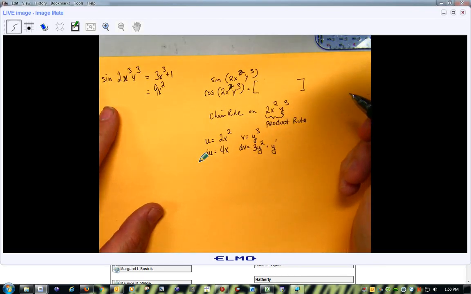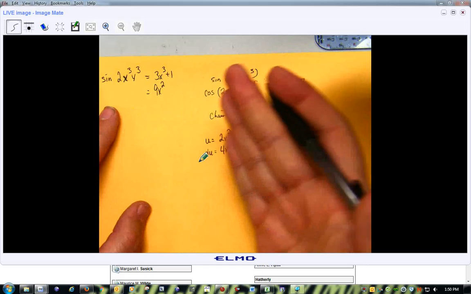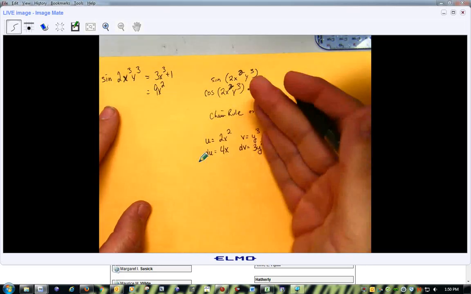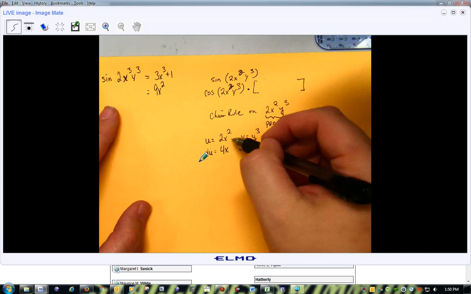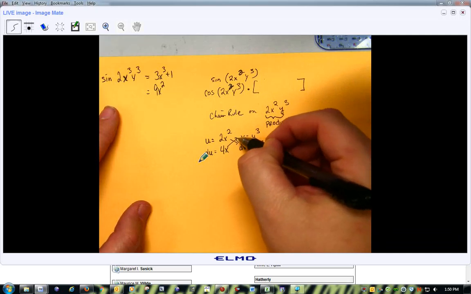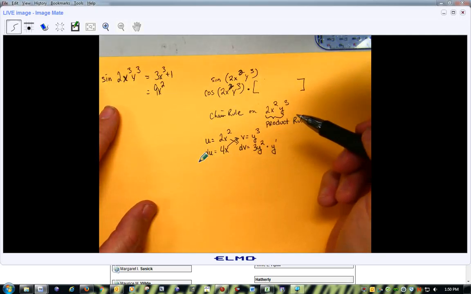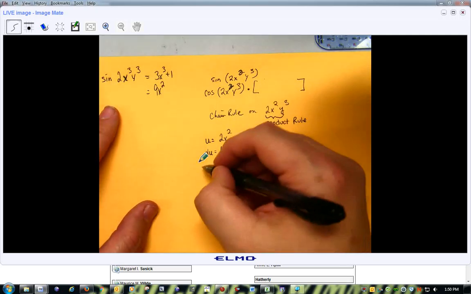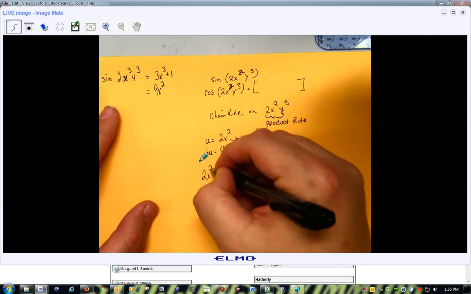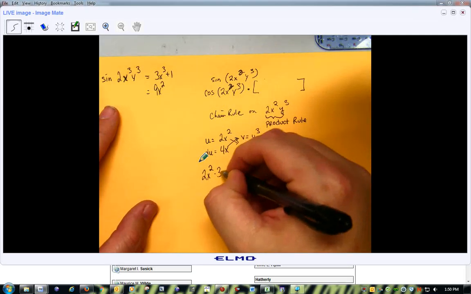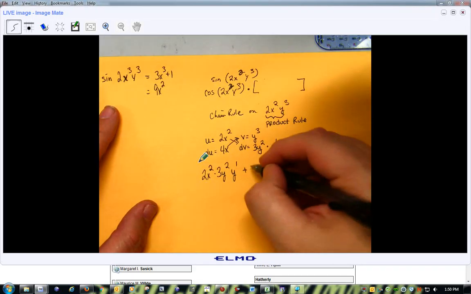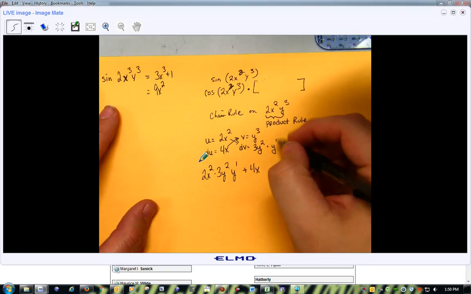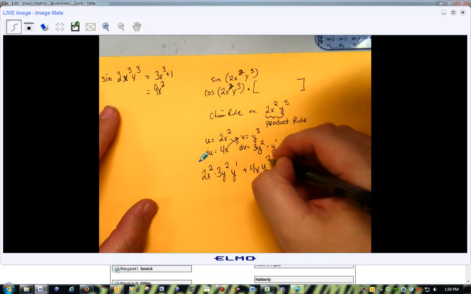Because since everything is being done with respect to x, whenever you have a y, you have to do y prime. All right, so it doesn't really matter. It's going to be multiplying across. So I'm going to take 2x squared times 3y squared y prime plus 4x y cubed.